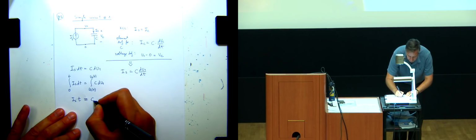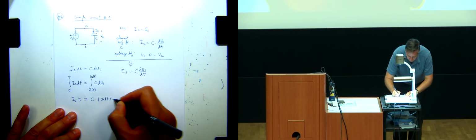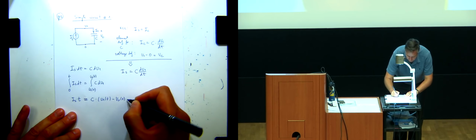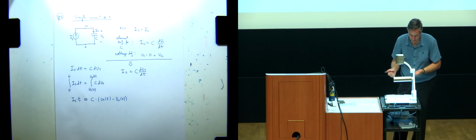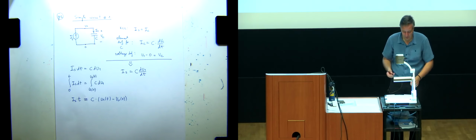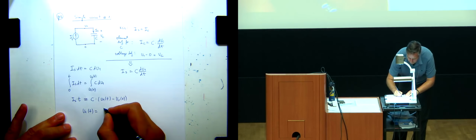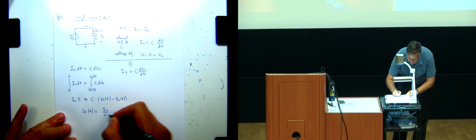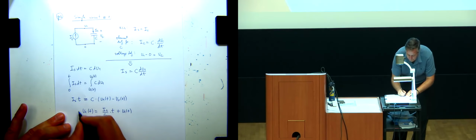So I can actually write C times u1 of t minus u1 of 0. Right. And then I can just solve for u1 of t. So u1 of t will be equal to is over c times t plus u1 of 0.